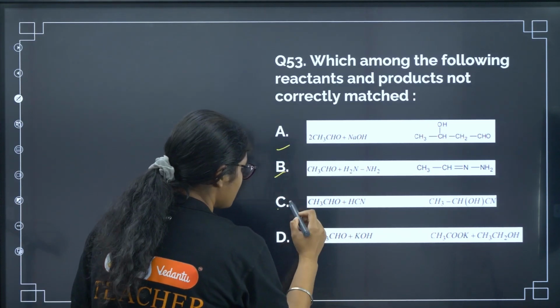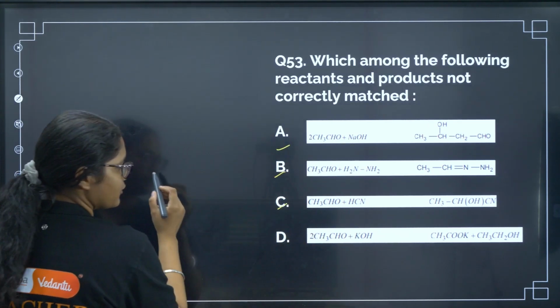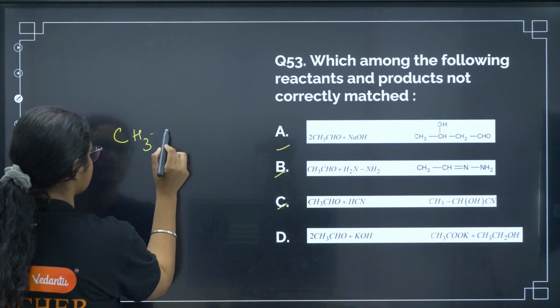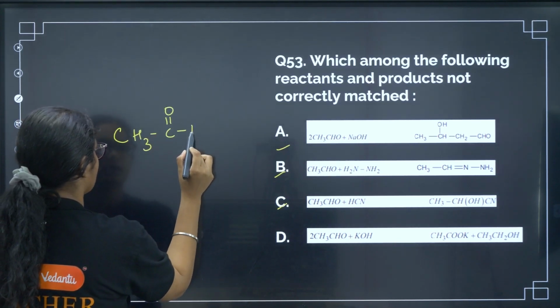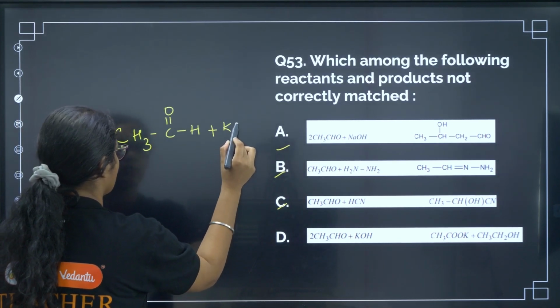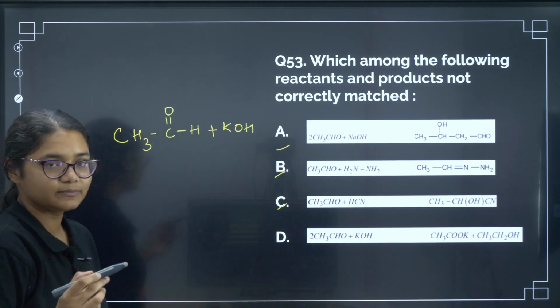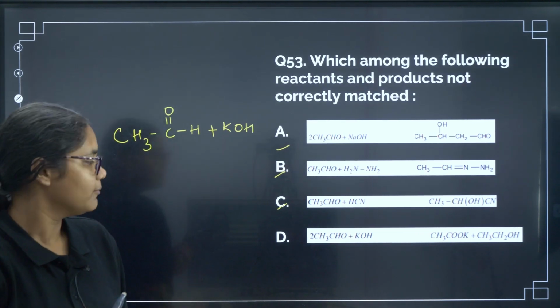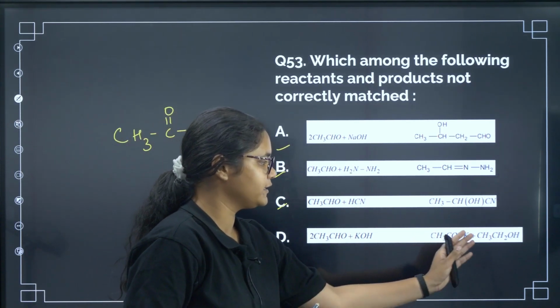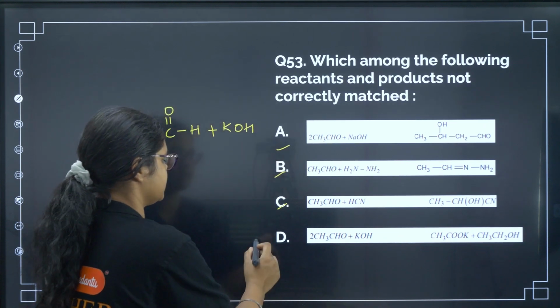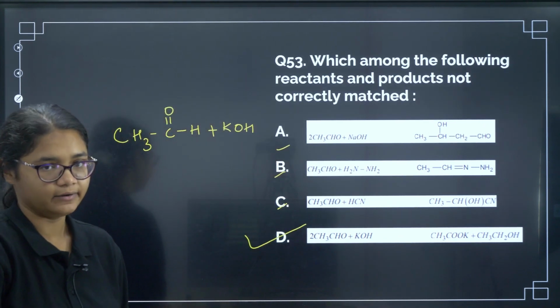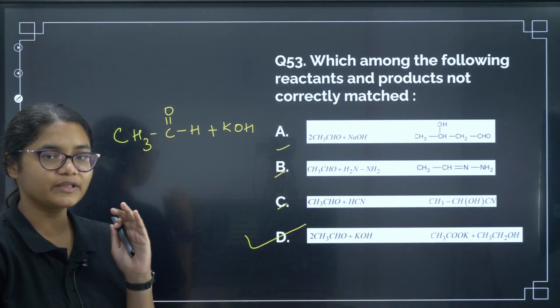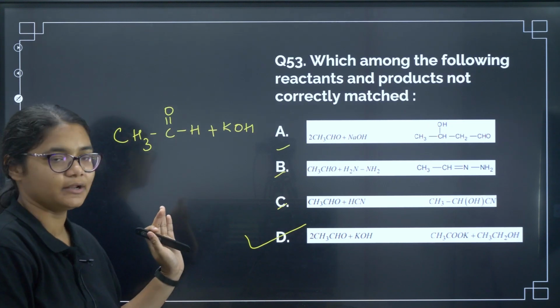Okay, these are correct. Now if you see this one, CH3CHO two times plus KOH. This reaction has to be similar to aldol condensation, right? But here the reaction is given differently. So the correct answer for this question will be option number D.